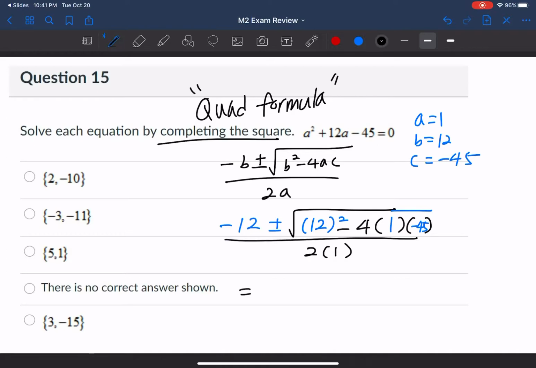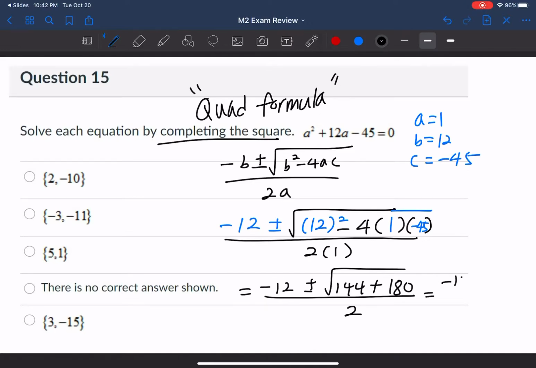Okay? If you use a calculator, it becomes negative 12 plus or minus the square root of 144 plus, because negative becomes a positive number, 180, over 2.